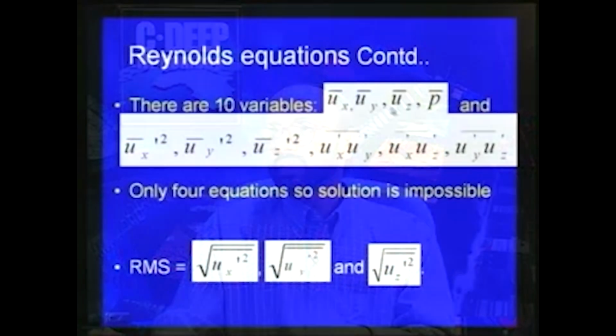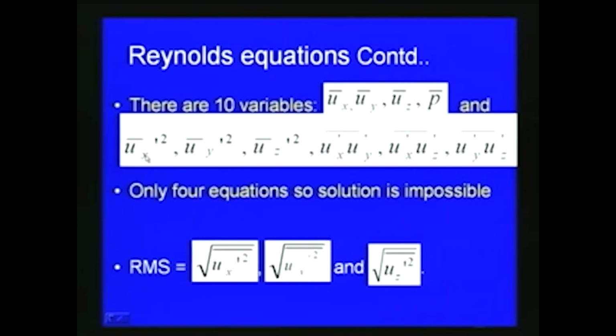The variables are u x bar, u y bar, u z bar, p bar, then u x dash bar square, u y dash bar square, u z dash bar square, u x dash u y dash bar, u x dash u z dash bar, u y dash u z dash bar. So, there are 10 unknowns, and we have only 4 equations.